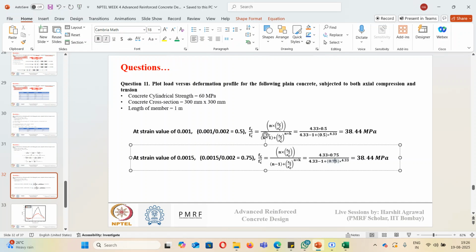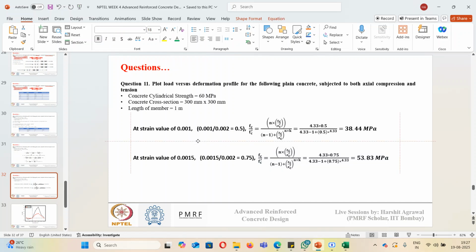Just let me do this calculation once, I have done the wrong calculation on my part. So this value will come out to be 53.83 MPa, approximately, at a strain of 0.0015.